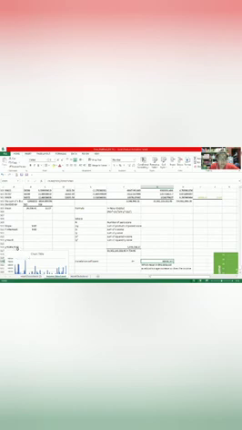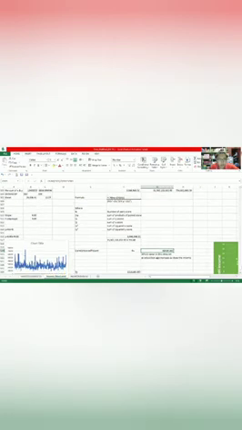So this is the final linear equation. The y is the years of education, and x is the household income. This is our data for the linear equation.